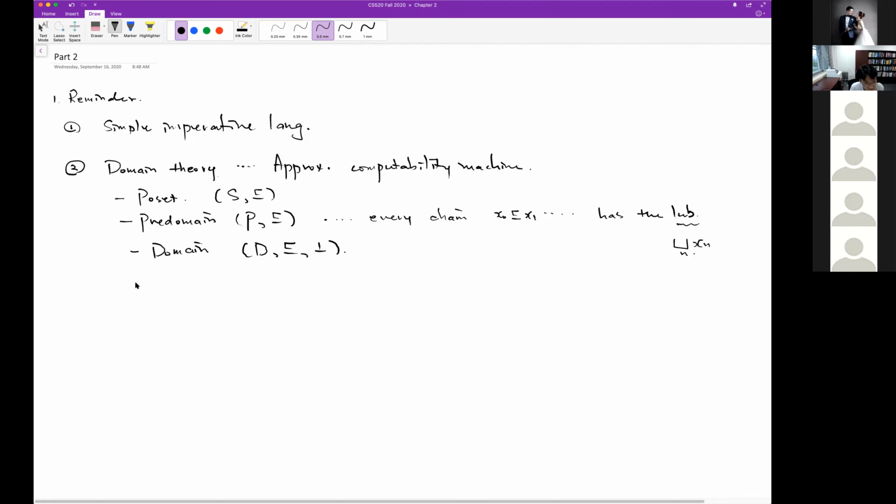One important thing we learn in domain theory is something called continuous function. We actually first learn about monotone functions. If you have a function f that goes from predomain P to predomain P prime, we say f is monotone if it preserves the order.